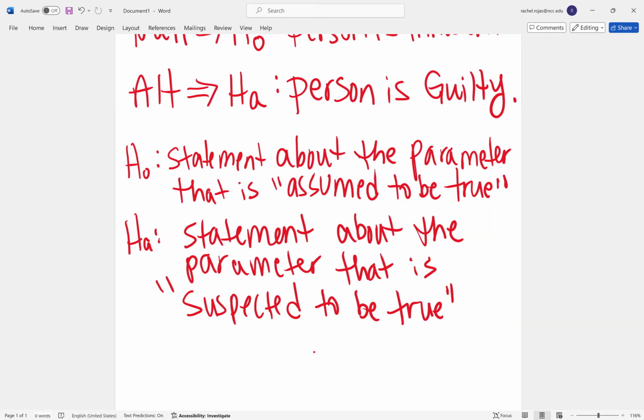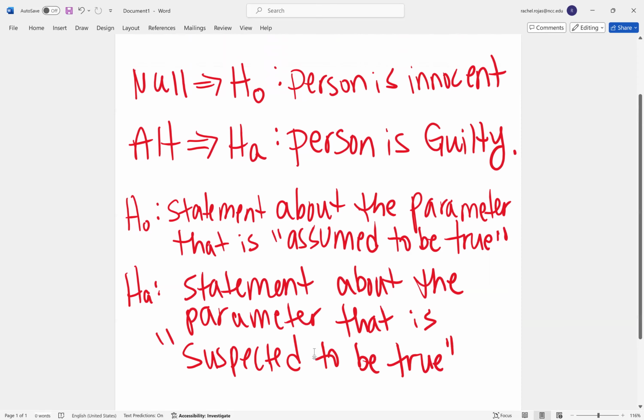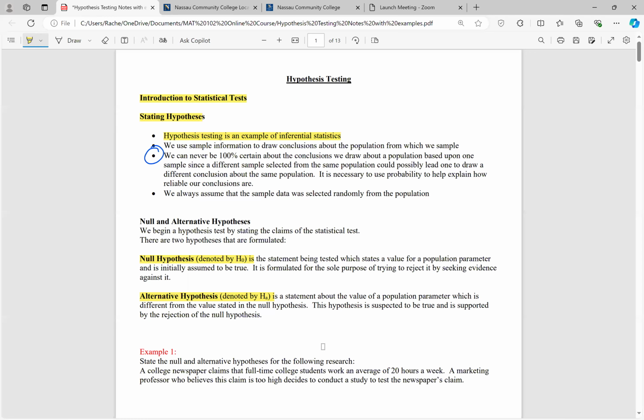So the whole point of a trial is to gather enough evidence to go against the null, that the person is innocent, and to find the person guilty. So it's going to be the same in a statistical test. Think of it this way.